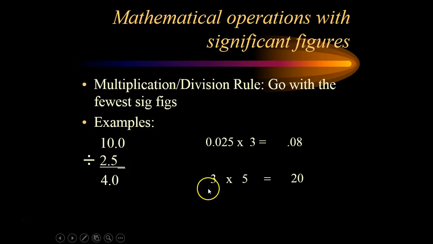3 here is a really imprecise number. All right, we're not very confident when we say 3. When we say 3 here, we're saying 3 plus or minus 1, so maybe 2, maybe 4, somewhere in the neighborhood of 3. And we're multiplying it by 5 here, and again, we're saying plus or minus 1. So maybe 6, maybe 4, I don't know, all right? So we're not very confident in these numbers.